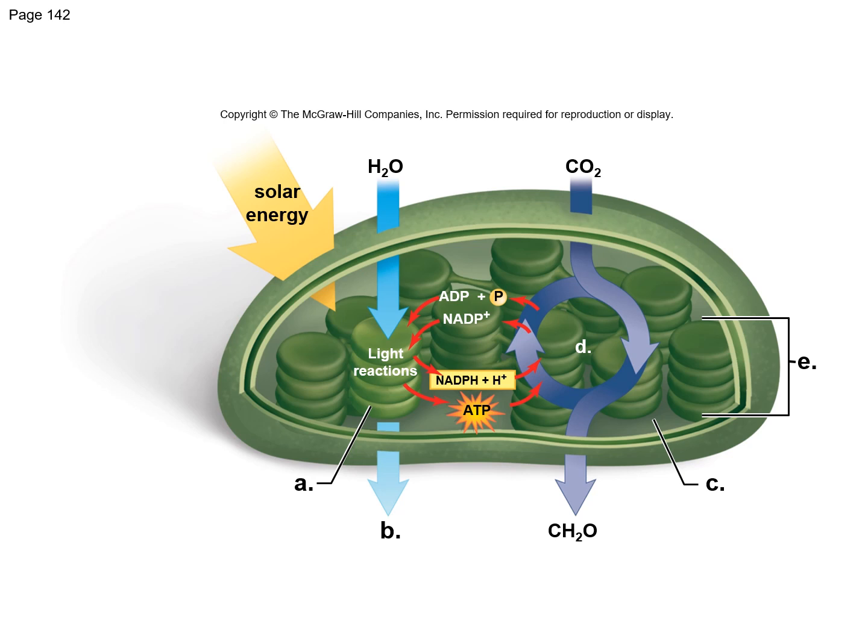These little stacks of discs are called grana. The space inside the inner membrane is the stroma. The membrane where the light reactions occur are called the thylakoid membranes.